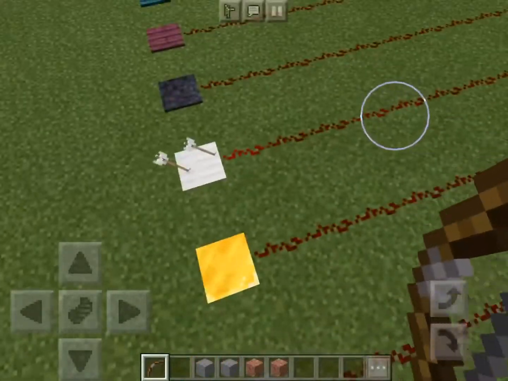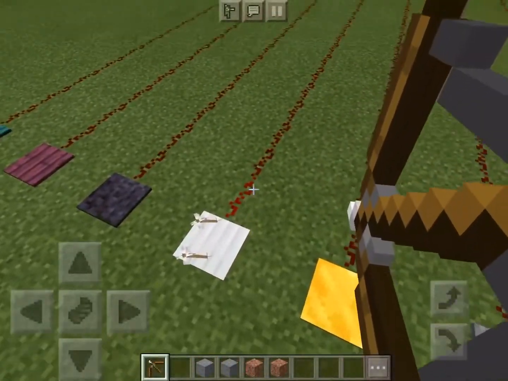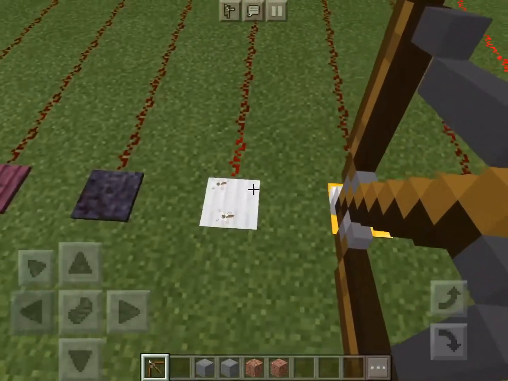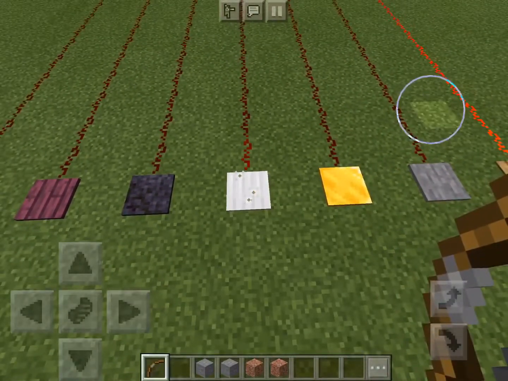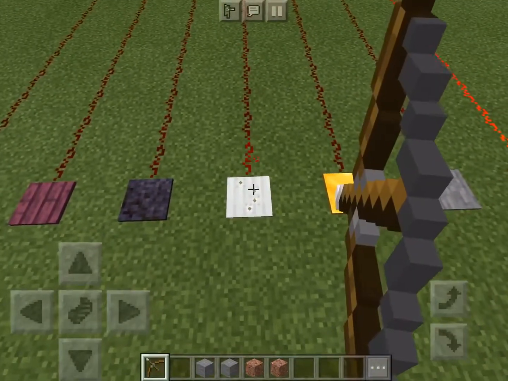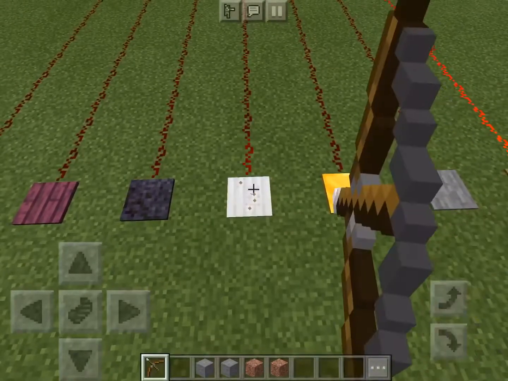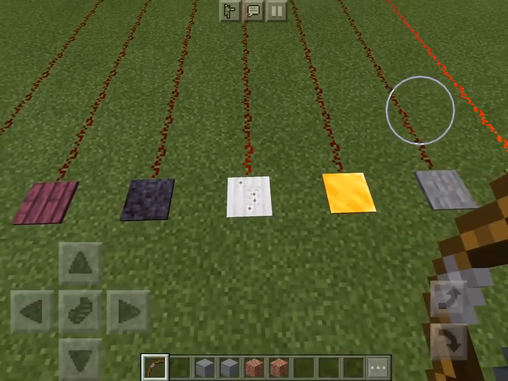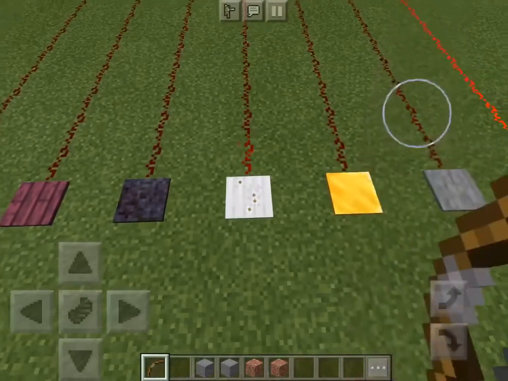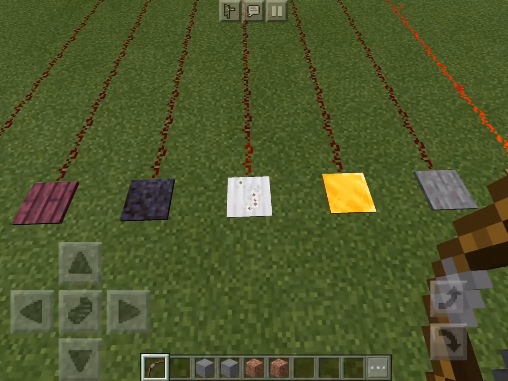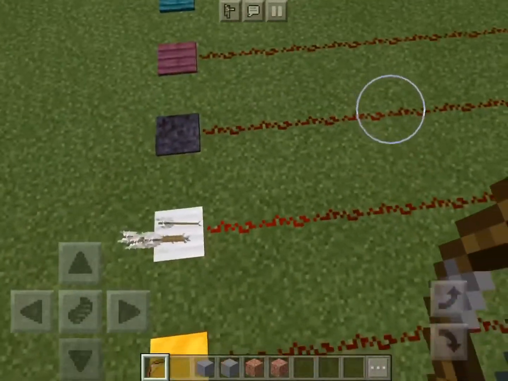And that's why it's called weighted, because you have to have 1 to activate the first one, and then for the second one, you have to have 1, 2, 3, 4, 5, 6, 7, 8, 9, 10. And then it activates the second one.